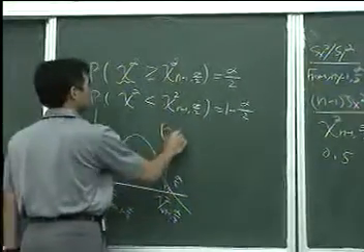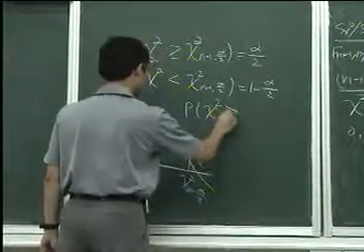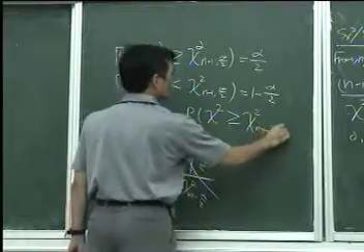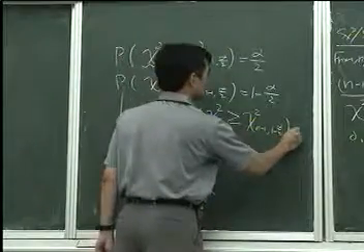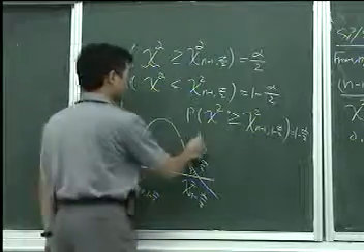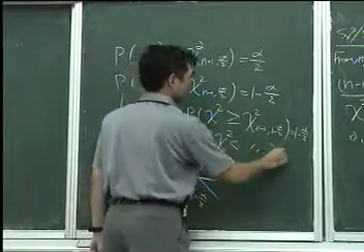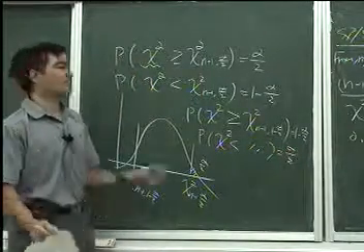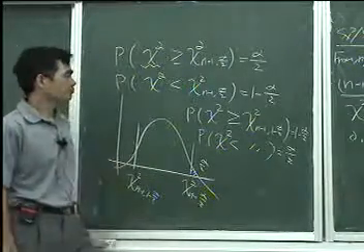Then we have probability of a random variable greater than or equal to chi-square distribution n minus 1, 1 minus alpha over 2. The probability is 1 minus alpha over 2, right? And then if it is less than that, it should be alpha over 2. So first you have to get familiar with this notation, okay?